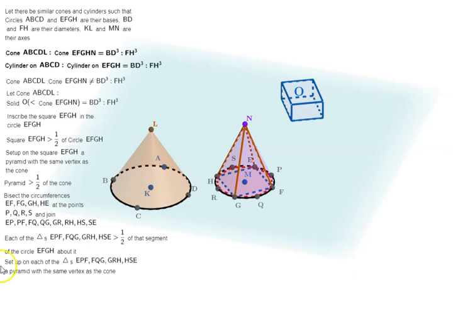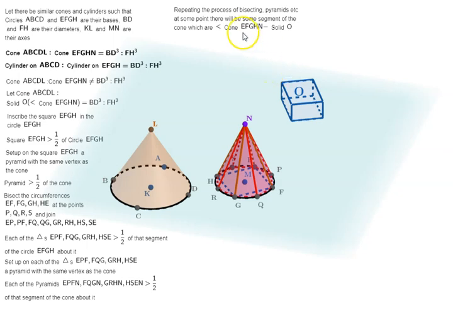Now, on these triangles, we set up pyramids with the same vertex as the cone. Each of these pyramids, EPFN, FQGN, GHRN and HSEN, is going to be greater than half of the segment of the cone about it.